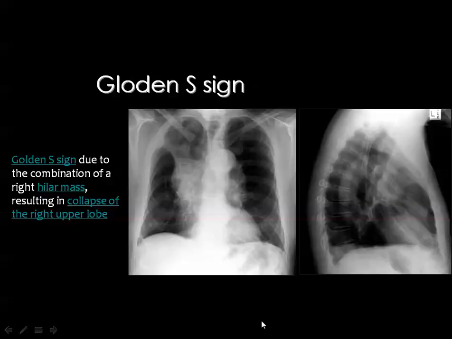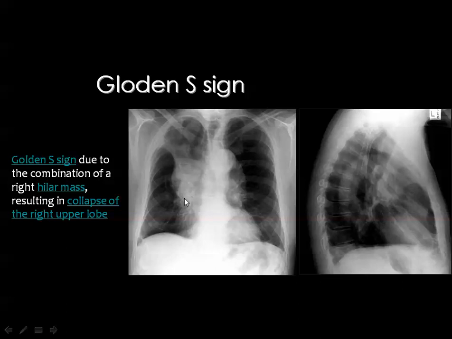Then the S sign of Golden is simply a central bronchogenic carcinoma that has resulted in lobar collapse consolidation. If you can imagine the letter S, this is the border of the collapsed lobe, and this is the curve of the S formed by the central bronchogenic mass.